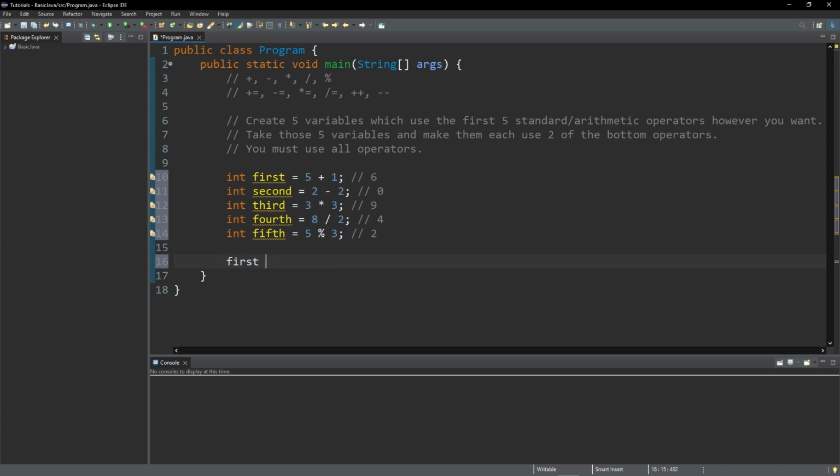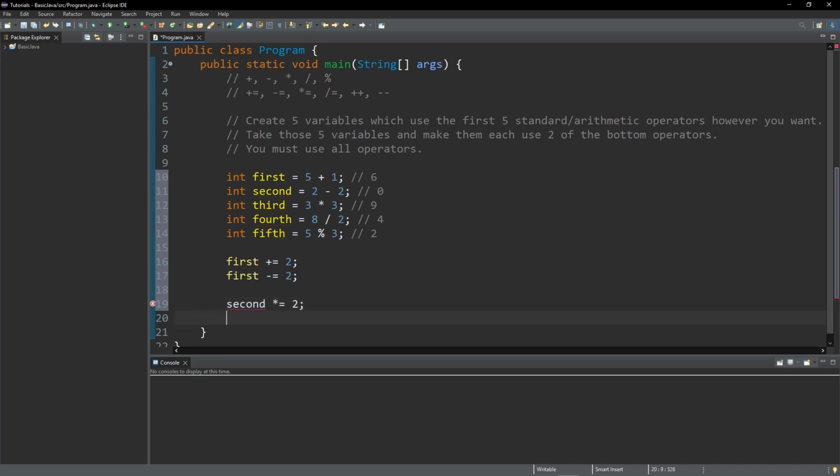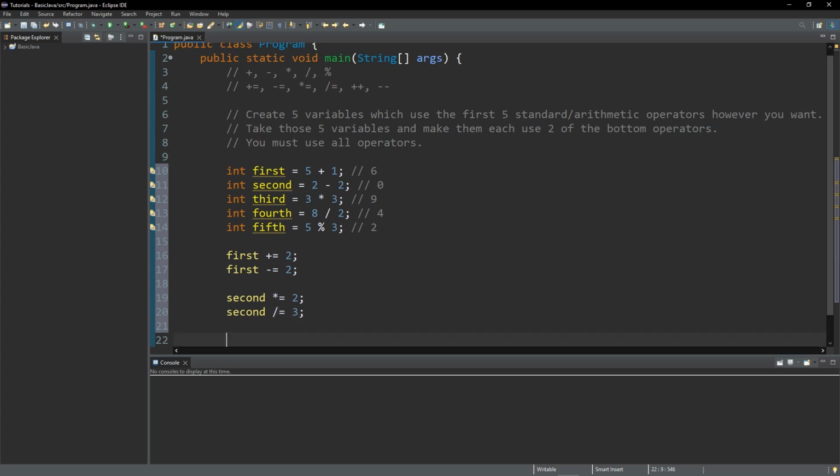Awesome. Now let's go ahead and do the second part. So first, plus equals 2. First, minus equals 2. Second, times equals 2. Second, divide equals 3. Third, minus equals 4.